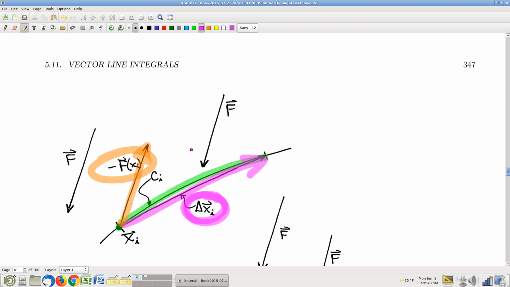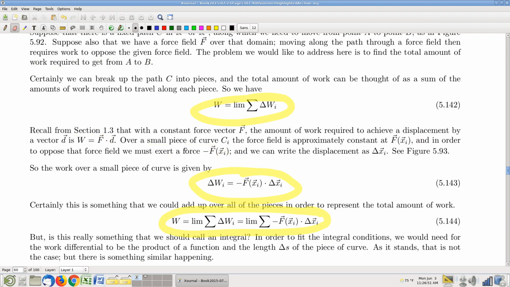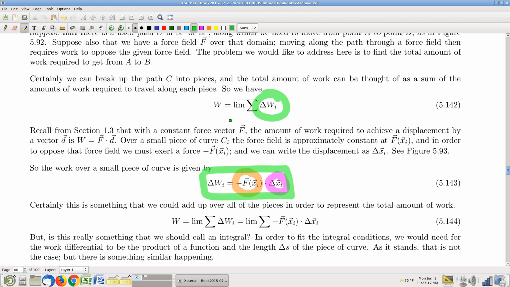Let's come back up here to our development. We're trying to figure out the grand total amount of work. We're going to compute that as a sum of little pieces of work. This sure looks familiar; we've done this a million times. I just made the argument that displacement dot force, don't forget the minus sign, computes each of those little pieces of work, and these add up over all the pieces.